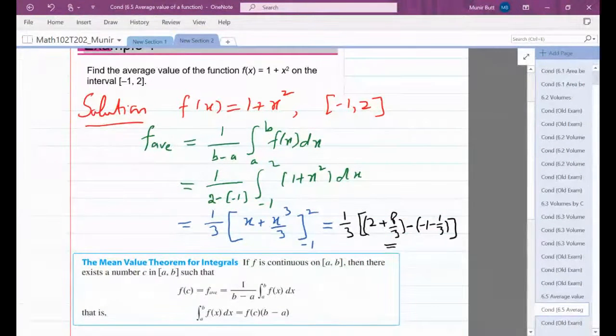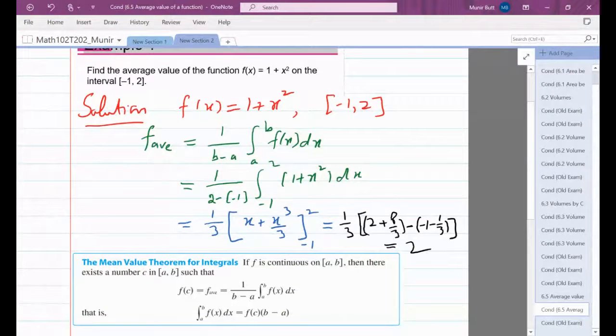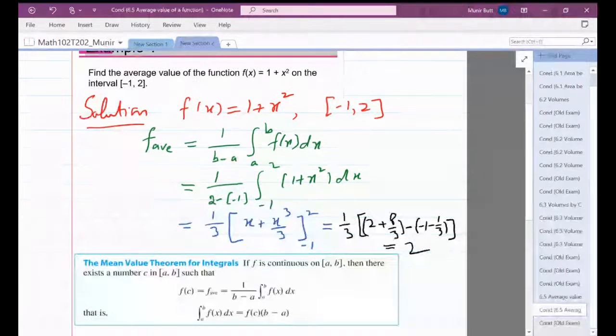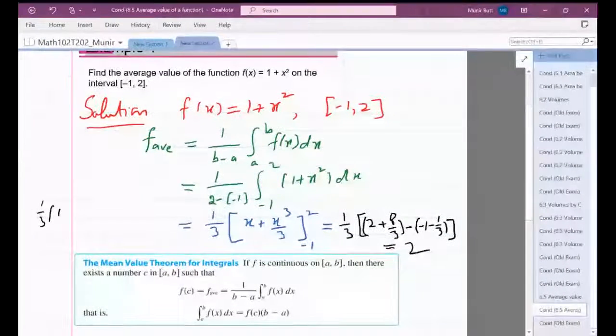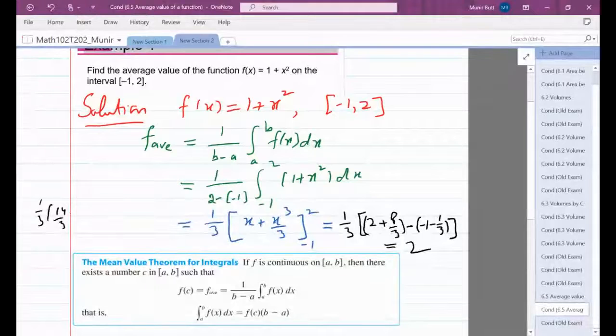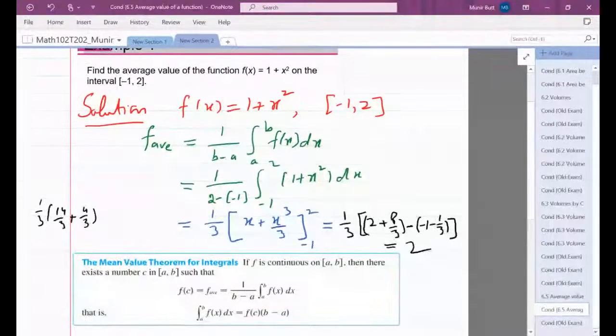Should I write the final answer? So the final answer, hopefully, will be 2. If you want, I can do it from here: 2 plus 6 is 8, so 14 over 3, and minus minus is plus 4 over 3.